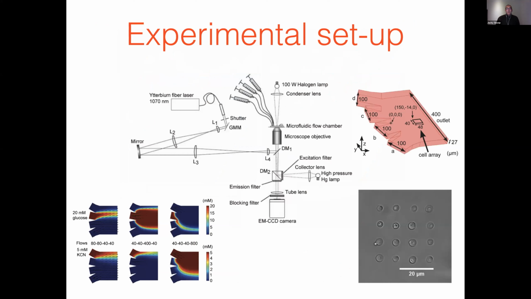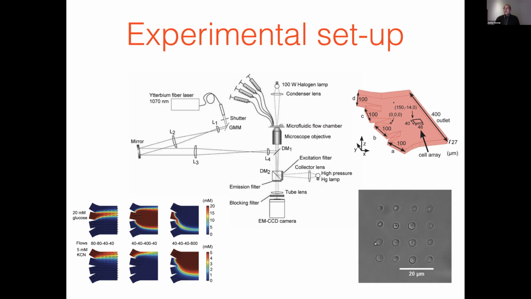To do that, we worked together with a group in Sweden, which has access to a nice microfluidic chamber. This is a specific chamber set up in a fluorescence microscope system, and you can perturb the chamber via injection speeds, shown here.